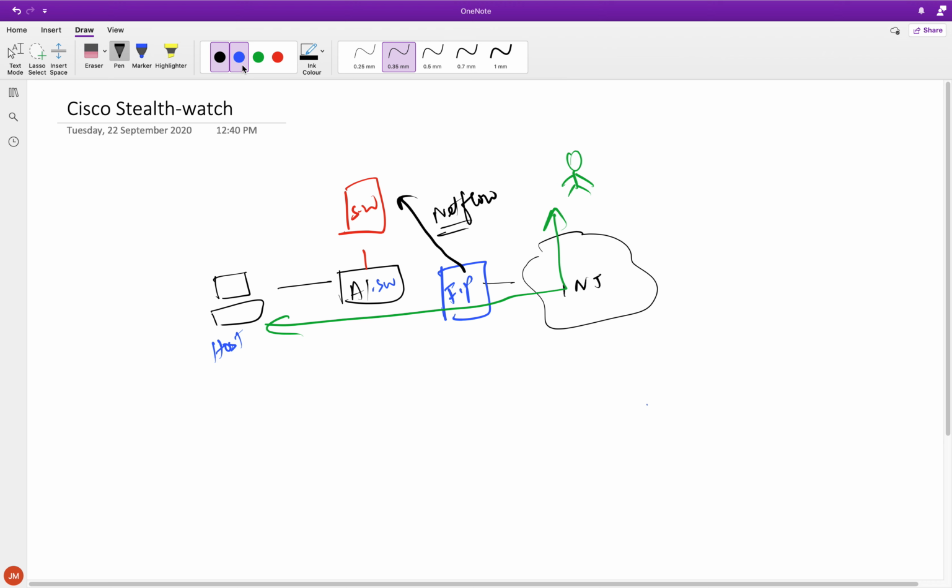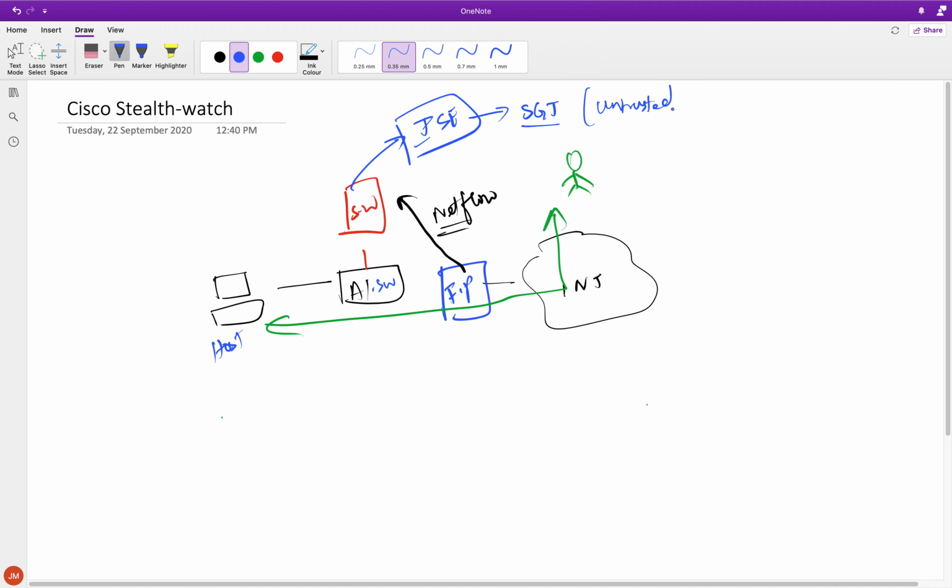Stealthwatch is again part of a bigger ecosystem. So I can integrate Stealthwatch with something like ICE. Remember, we have done some videos in the past where I talked about ICE in detail, and on ICE you have something as simple as SGT, TrustSec. So as soon as I identify a particular host to be infected, imagine I understood that a particular host is communicating with a malicious website, I can quickly switch the SGT of that host from trusted to untrusted.